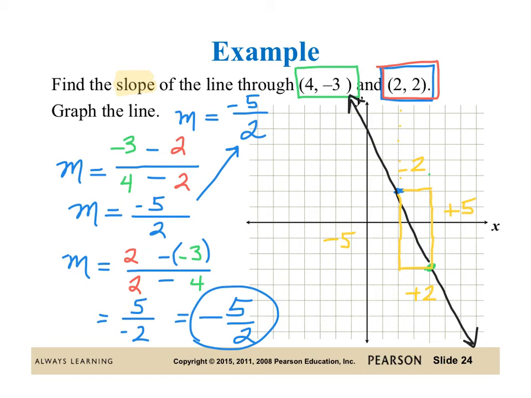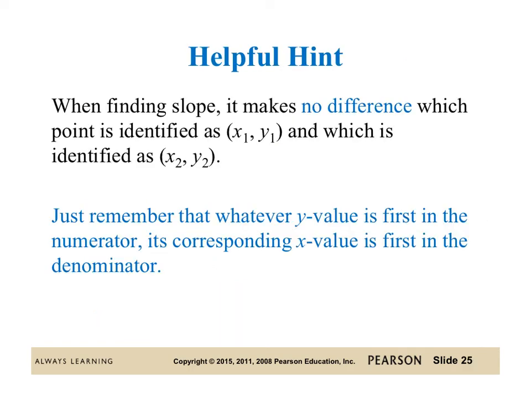Or if you go down 1, 2, 3, 4, 5, and right 2, you're still going to be on the line. So that's the reason we have slope being what it is. It is a constant change. What we've just seen is that when finding slope, it makes no difference which point is x1, y1 and which is x2, y2. Just remember that whatever y value is first in the numerator, its partner x value is first in the denominator. Keep them together.